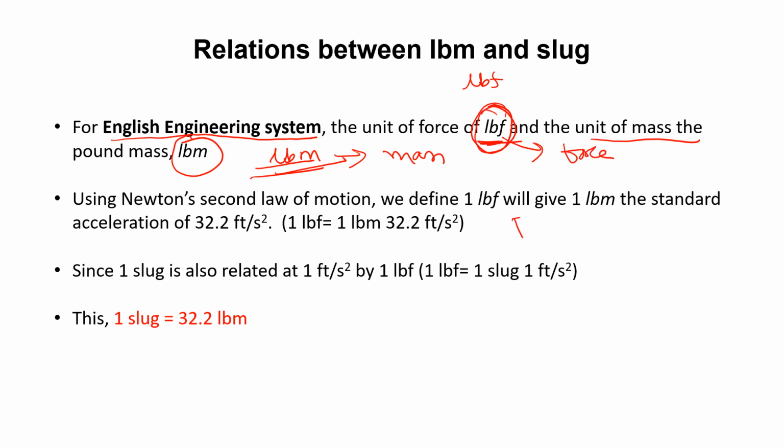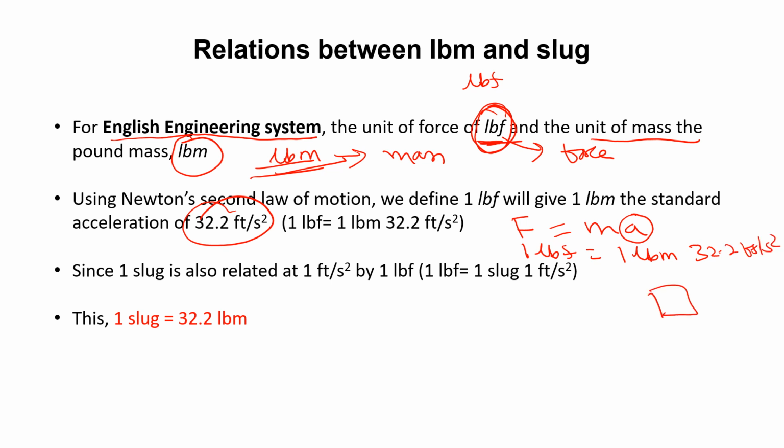Again, if you use force equals ma, this can be defined as 1 pound force when you have 1 pound mass moving with the acceleration of not 1 feet per second square but 32.2 feet per second square.